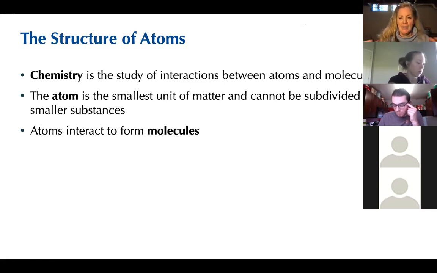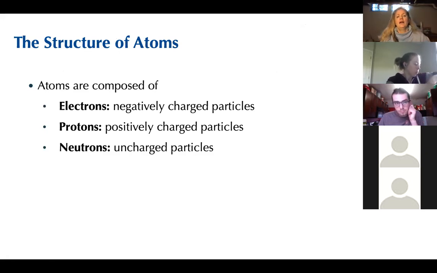They'll form bonds to each other, and we'll talk about the different types of bonds that are formed to make the molecules. Atoms are composed of the electrons, the protons, and the neutrons. Your protons and your neutrons are in the nucleus or the core of the atom, okay?